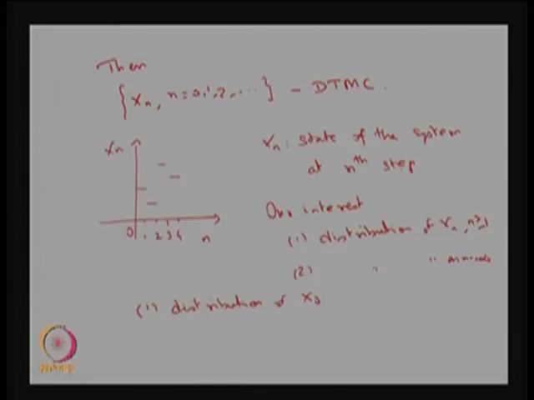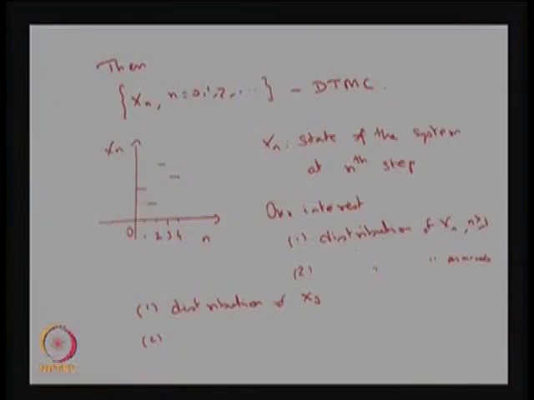The second is the transition distribution, or how the transition takes place: the distribution of a transition from the nth step to the n plus 1th step for all n.